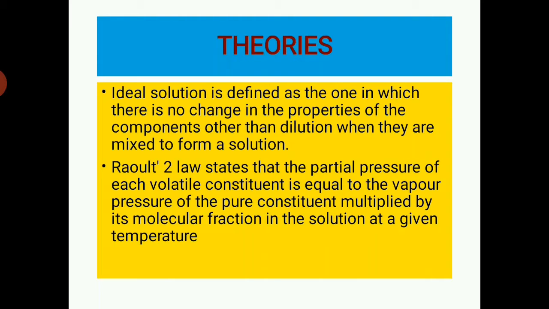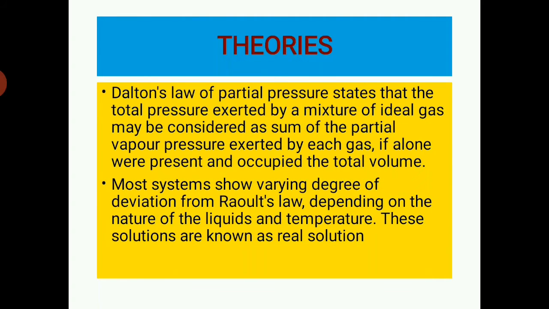A mixture of ethylene chloride and benzene obeys Raoult's law. When two liquids are mixed, the vapor pressure of each one is reduced by the presence of the other to the extent of dilution of each phase. An ideal solution is defined as one that obeys Raoult's law, and Raoult's law is obeyed by only a few solutions of liquids in liquids.